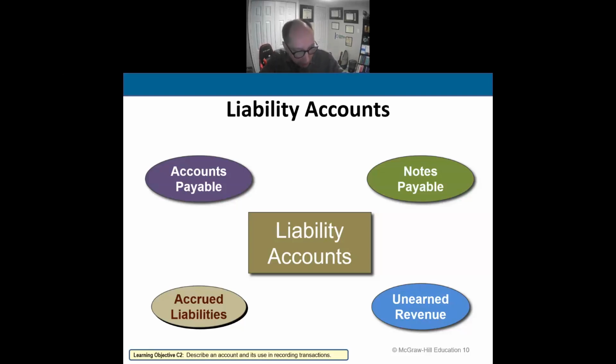And let's say every hour that you work, you have to pay Uncle Sam 30%, we'll say. 30% of all of your wages goes to taxes. It gets separated between federal, state, and local. So every hour that you work, we're accruing that liability. The business is taking that 30% and holding it, okay?